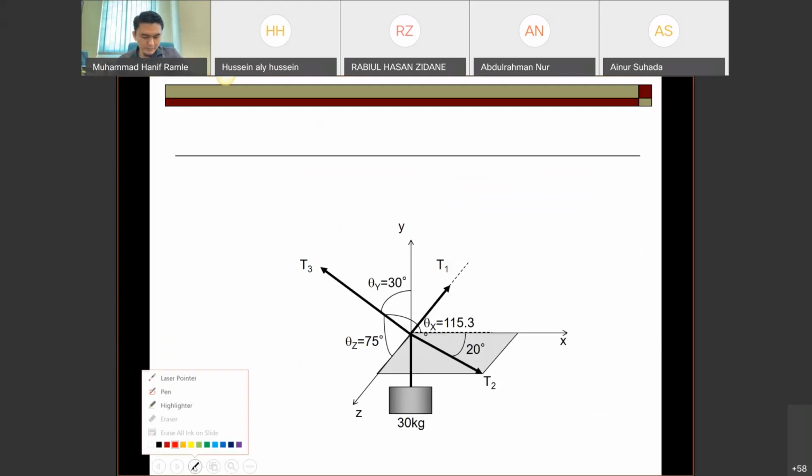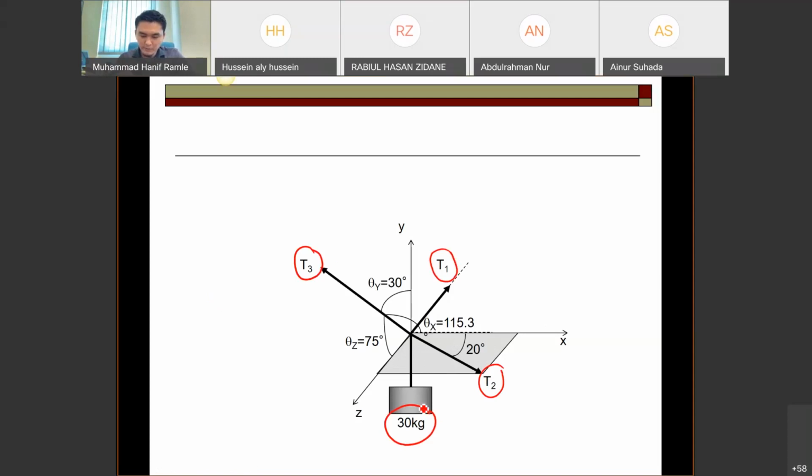Let me show you the basic step that you need. Because you are using an equilibrium system, you have to make sure that all the forces are in resultant form. So you have T1, T2, T3, and mass.